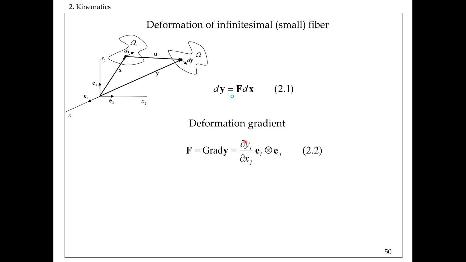It's a tensor that you can imagine has one leg that sits in the current configuration and the other leg that sits in the undeformed configuration. That can also be seen if, going back to this description of the potato, we say we have vector x here, for the undeformed configuration.